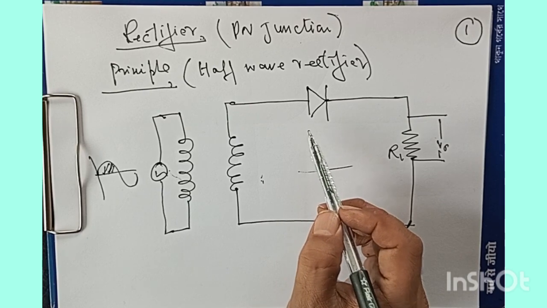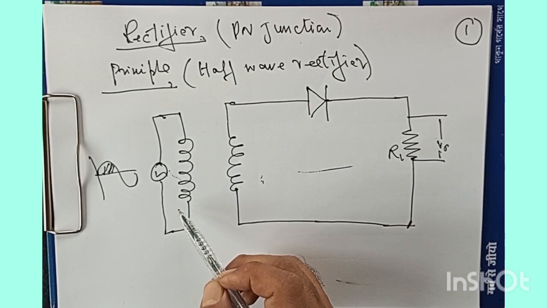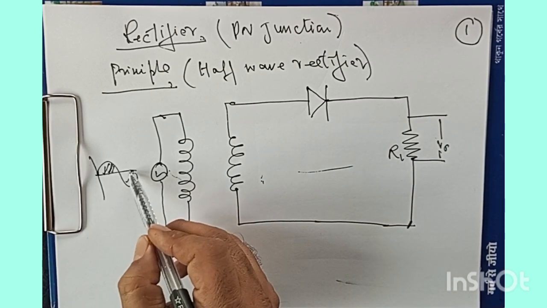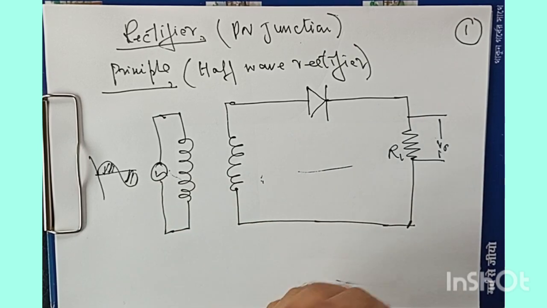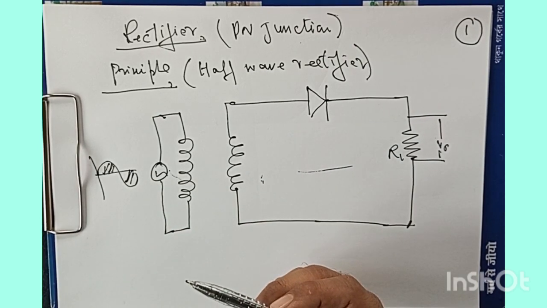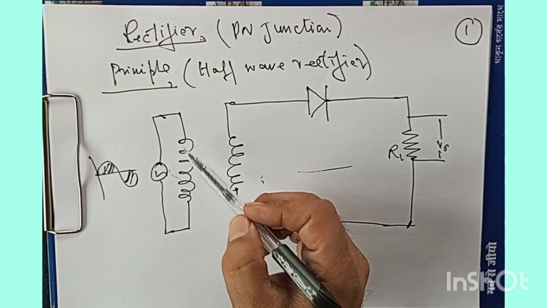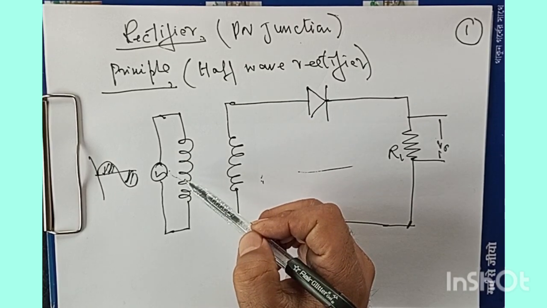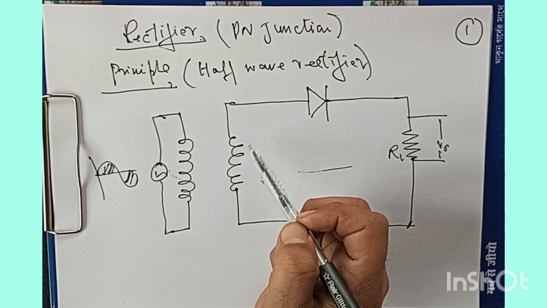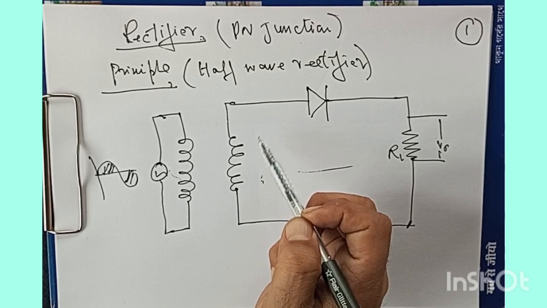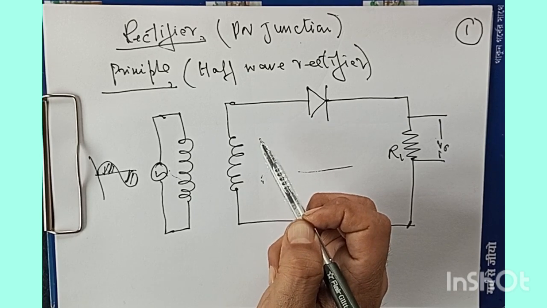forward biased. Now for the negative side of this signal, when the negative cycle of the AC input flows through the primary coil, again an induced EMF is set up across the secondary coil due to mutual induction.